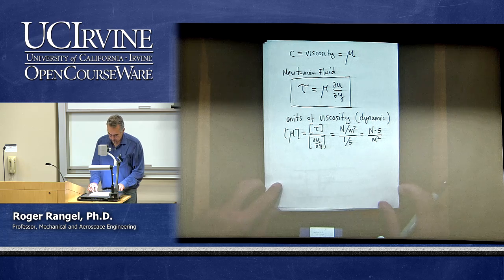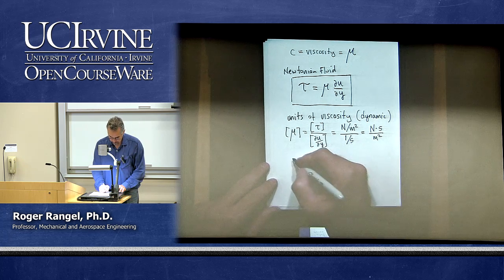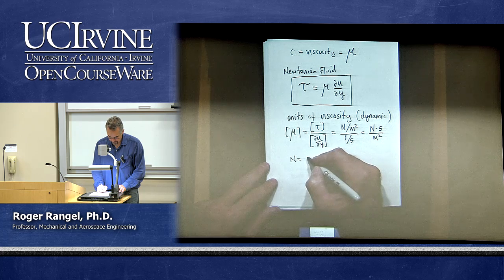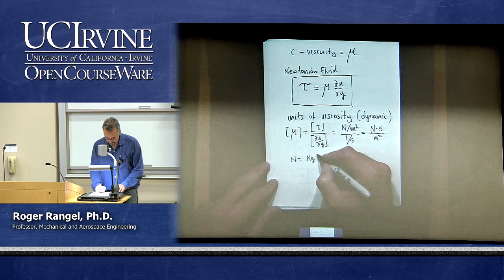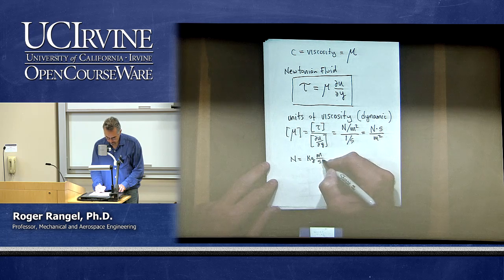Which can also be written in a different way, since we know that a newton is a kilogram times meter over second squared.